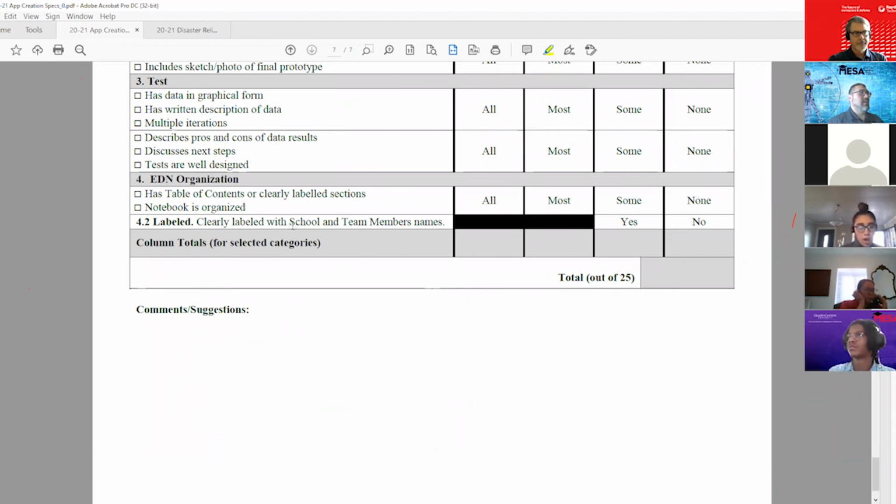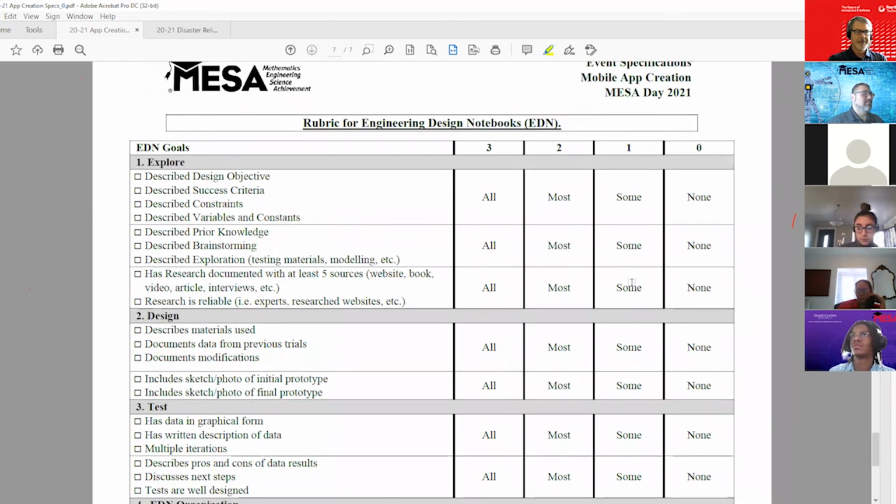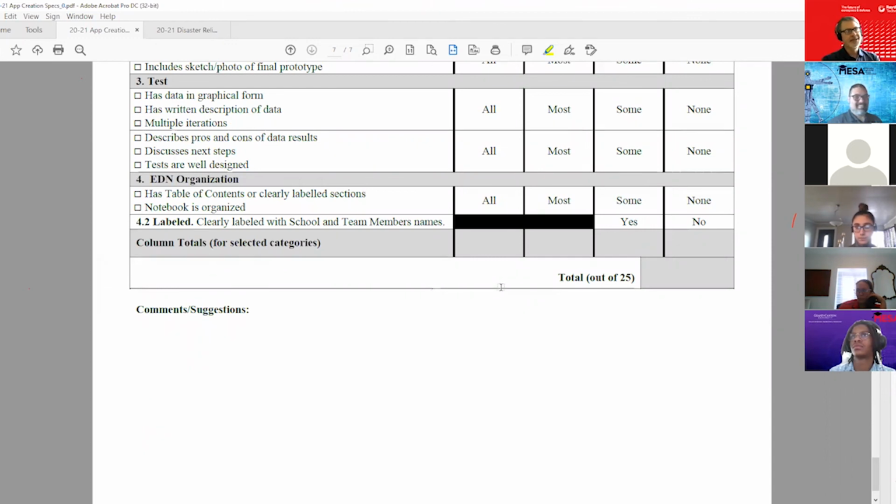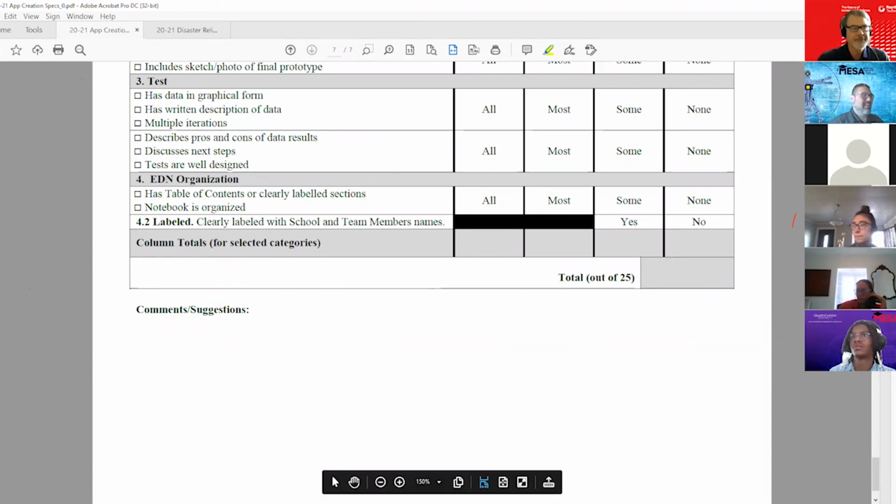Does it have your name and your school name and your team members' names, right? Those are the easy points right there. And we have seen other projects submitted where they just forget to put their name on it and they don't get those points. So it's like the easiest ones you can get. Right, exactly. And then after the competition, I'm like, all right, I got a notebook that says this.